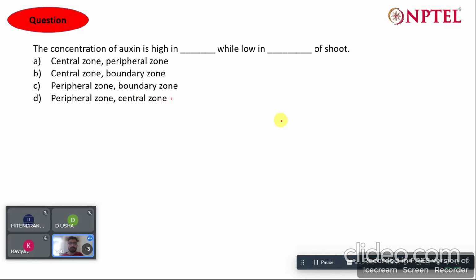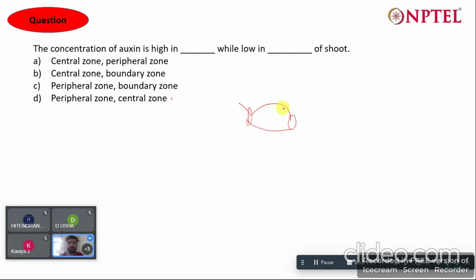So if you guys remember, whenever there is growth or development in the shoot apical meristem, there is a central zone and there is a peripheral zone below that. And there is some boundary zone that is between the primordia and the central zone.